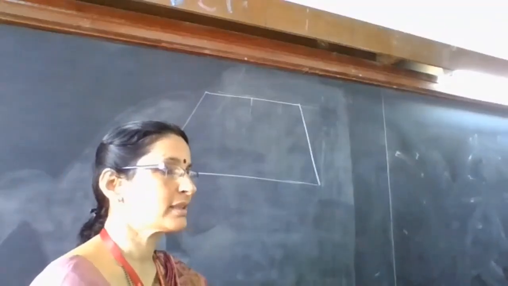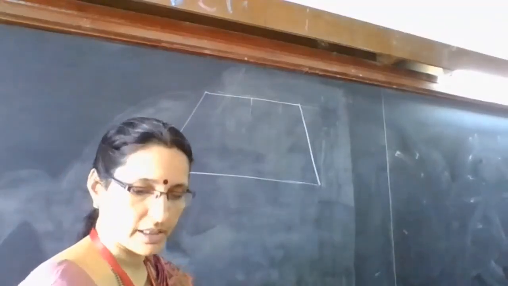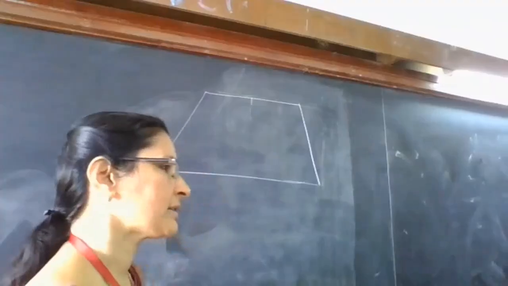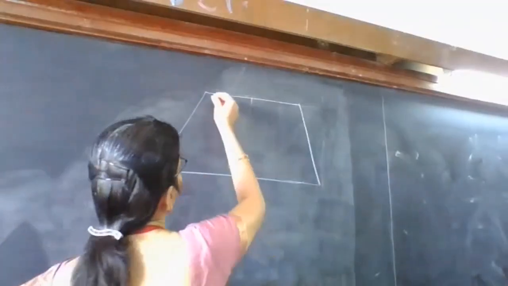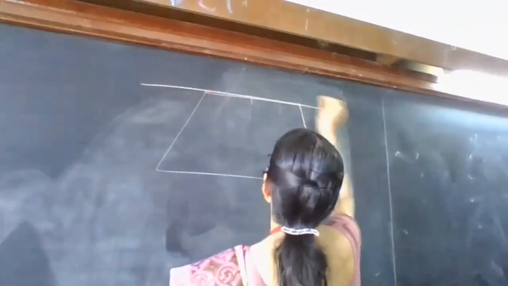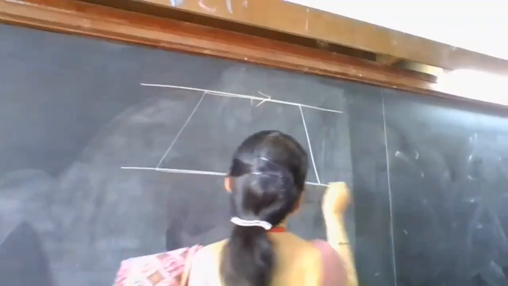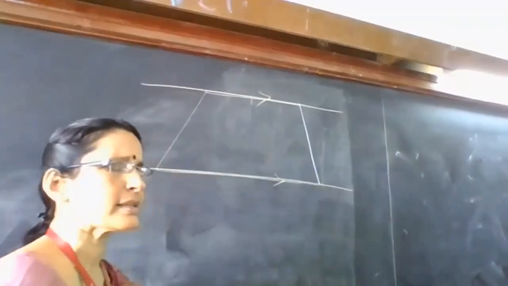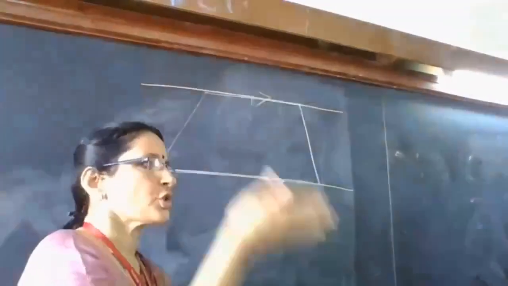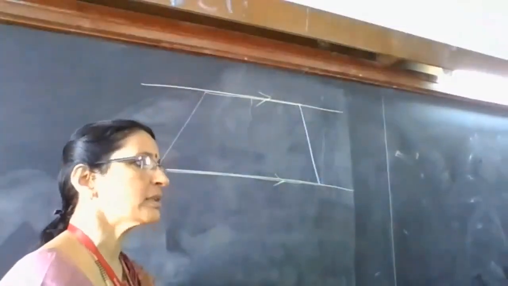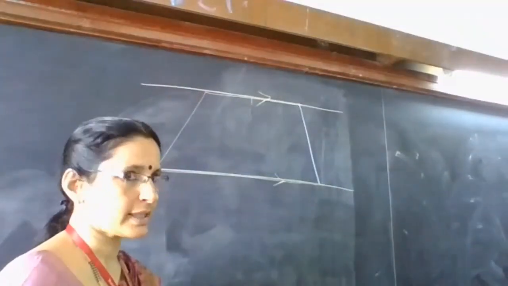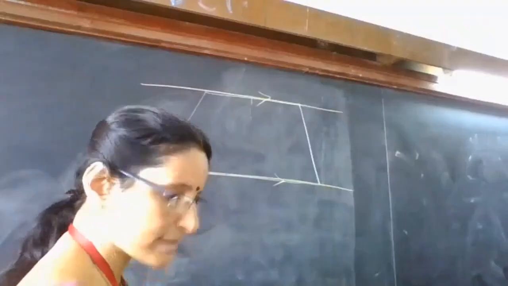No. Then only one. What is it due to mainly? If this is the parallel, what did we define height as? It is the shortest distance between the two opposite parallel sides.